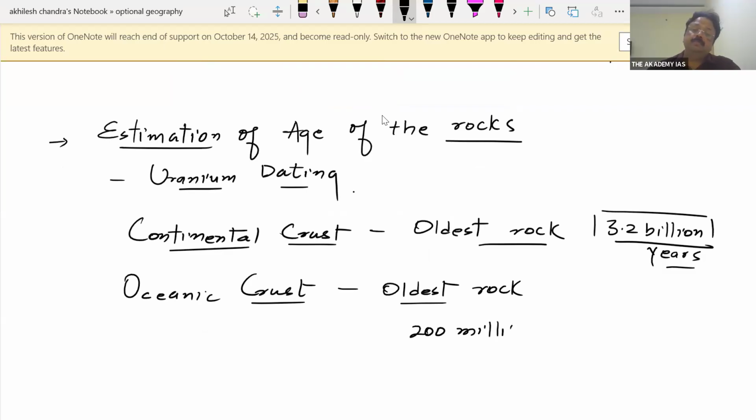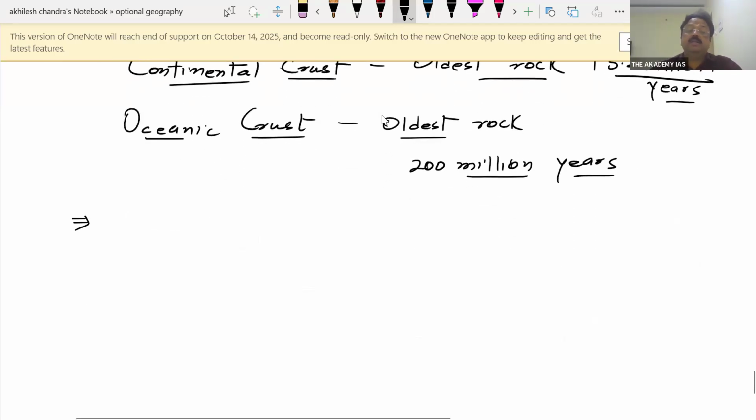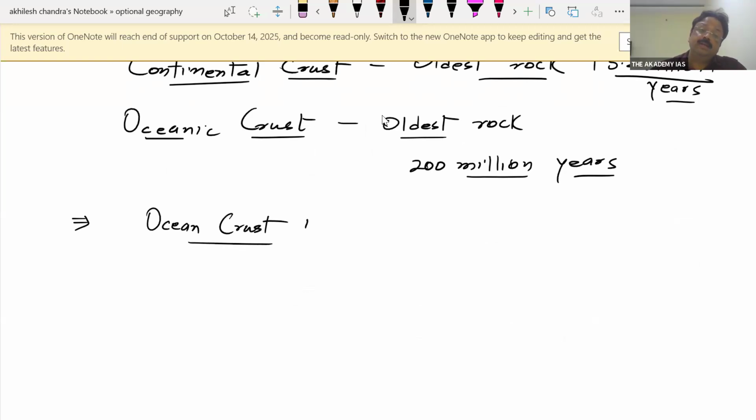That means prima facie, you will find that continents were made earlier and oceans were created just 200 million years ago. But this is not true, because first life originated in the ocean, which means ocean crust was there. What is your inference? Then you start thinking smartly that ocean crust is dynamic.